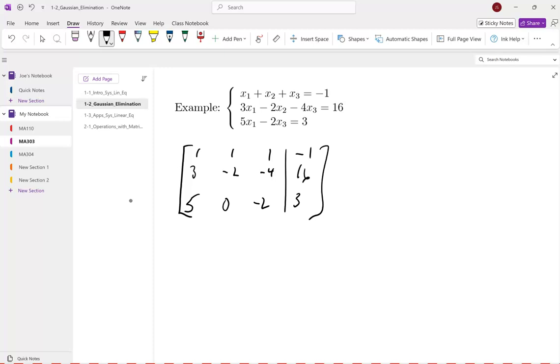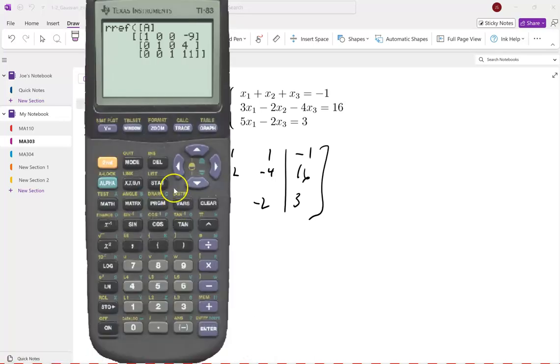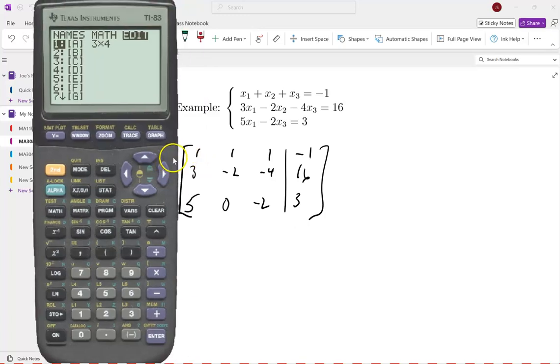Okay. All right, so go over, type in our matrix. I can either overwrite A, it has the same dimensions, or put in a new one. I'm just going to overwrite it because I don't need the old matrix that was in there.